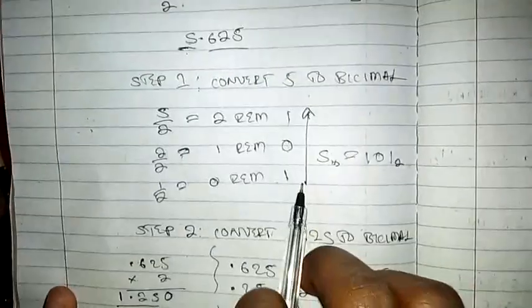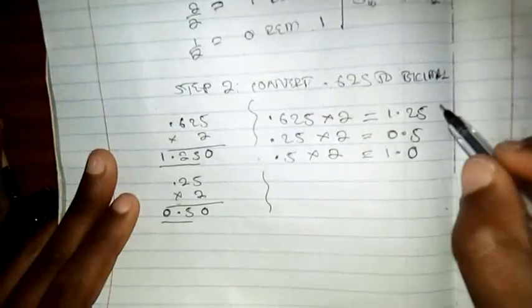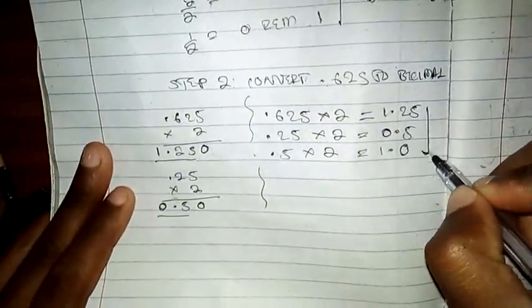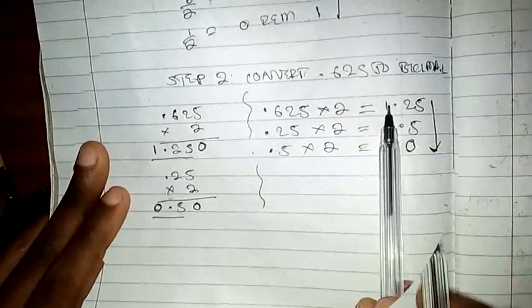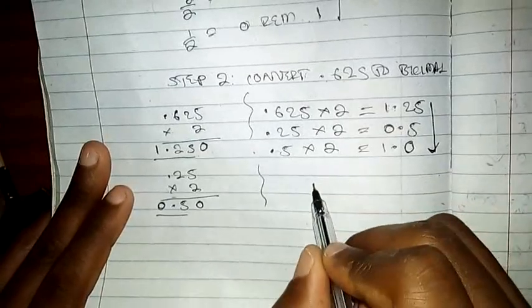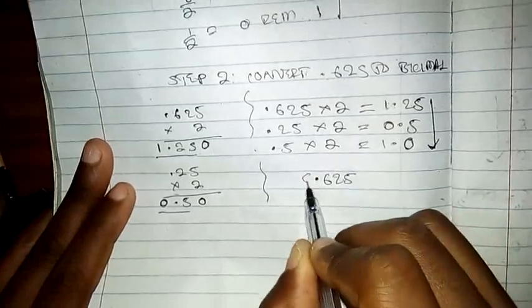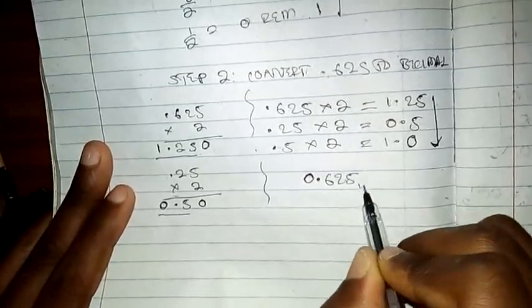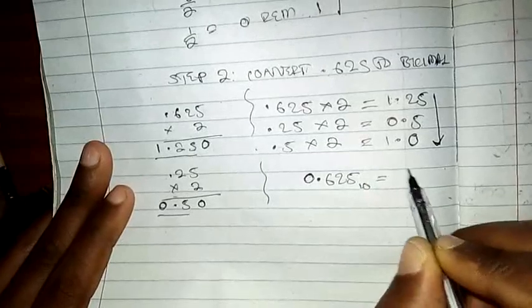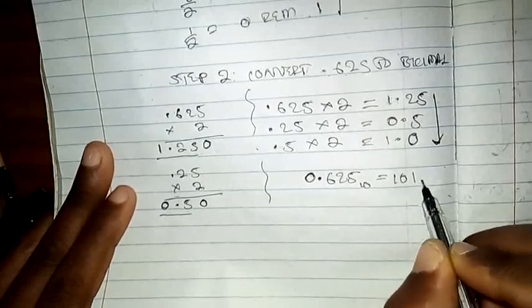Here we were writing our answers from bottom to top when dividing, but since we are multiplying here, we read our answers from top to bottom. So this 1, this 0, and this 1 are the answers. So 0.625, we can add a 0, base 10 equals 101 base 2.